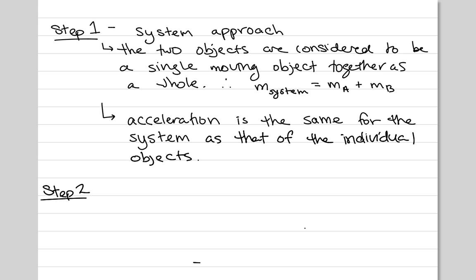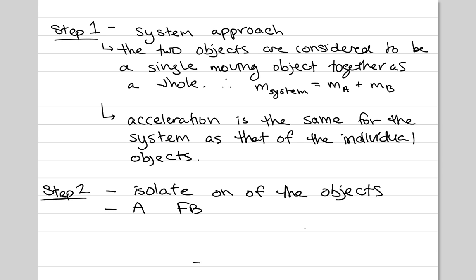Okay, and then step 2 is that you isolate one of the objects. You draw a free body diagram.